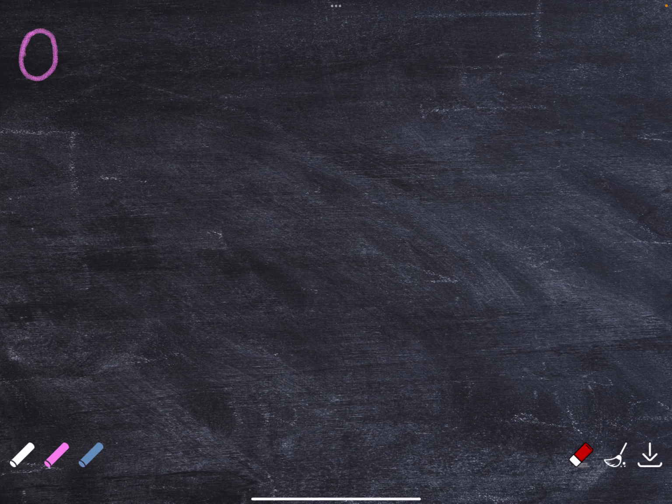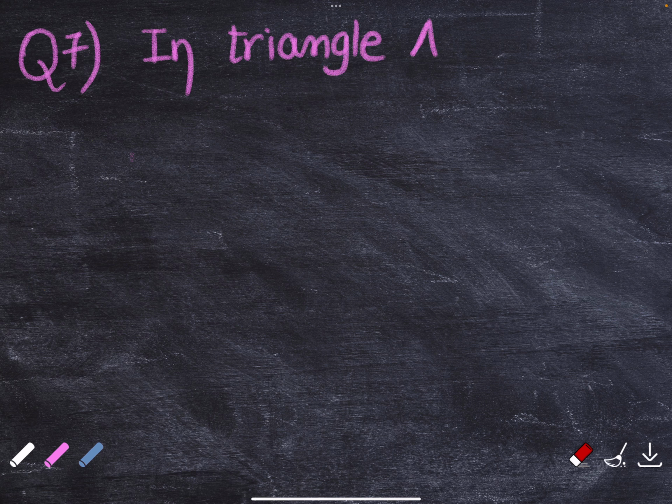All right, question number 7 for ACT is going to be: in triangle ABC, angle A equals 45 degrees.